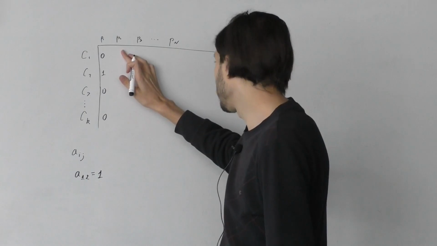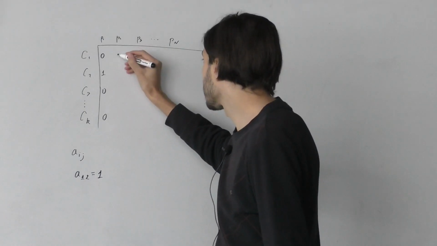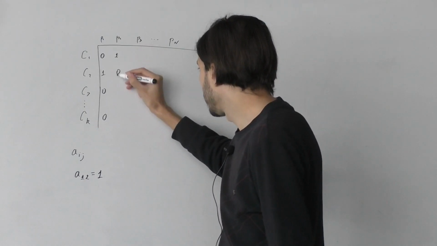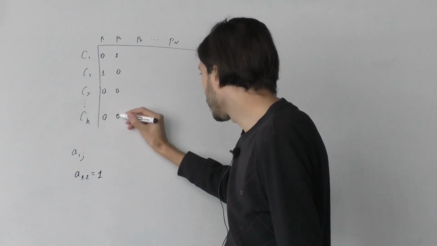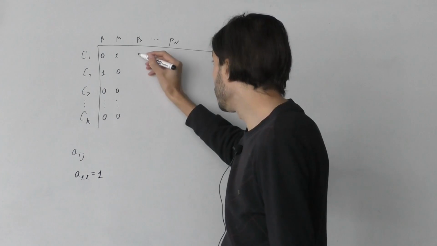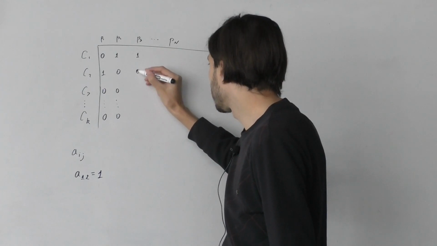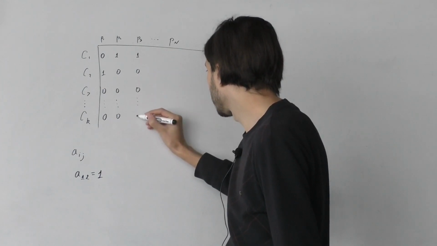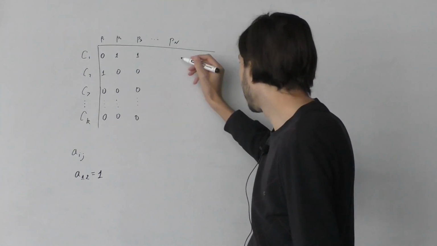So for example, point 2, I can say it belongs to cluster 1. Of course, it does not belong to any other cluster. My point 3 belongs to cluster 1 as well, and so on and so forth.